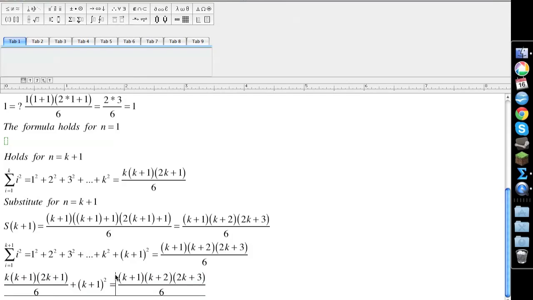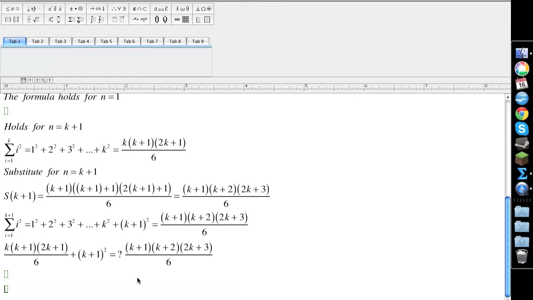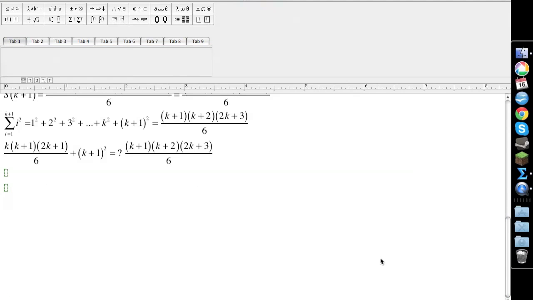So now I'm asking myself if these ones are equal. So what I'll do here is I'll use some algebraic methods to see whether or not these are equal. So what I'll do next is multiplying this with 1, which is the same as 6 divided by 6, so I can add it into this fraction right here, which has the number 6 in the denominator.